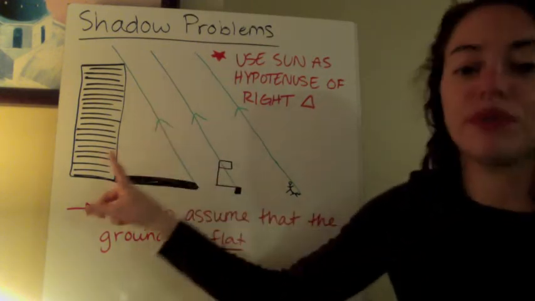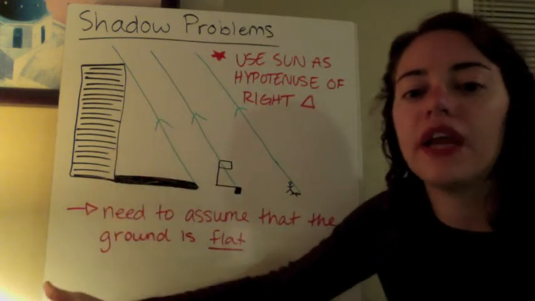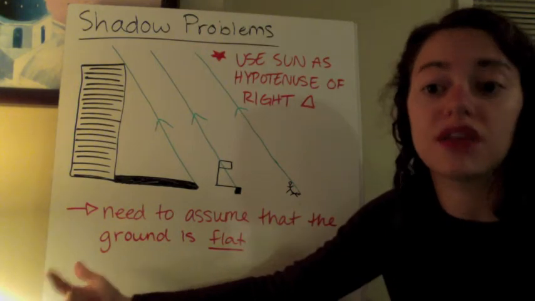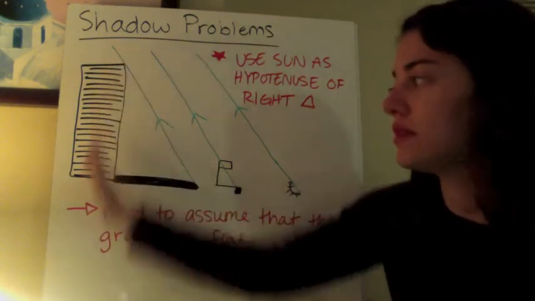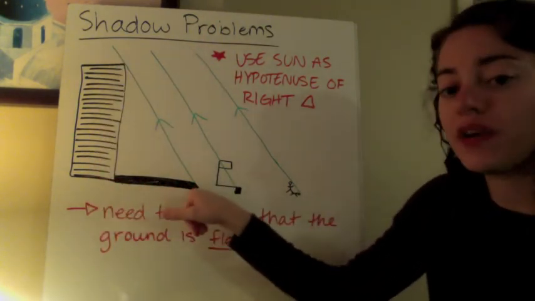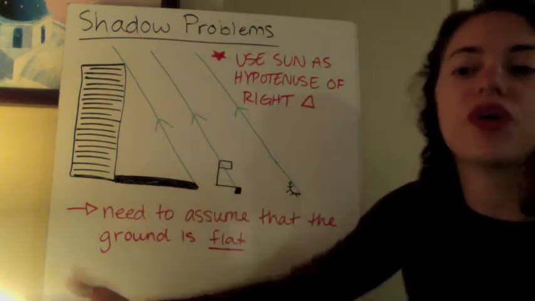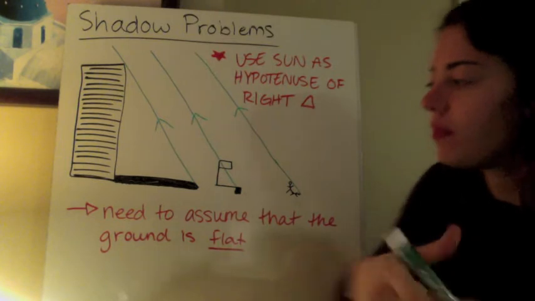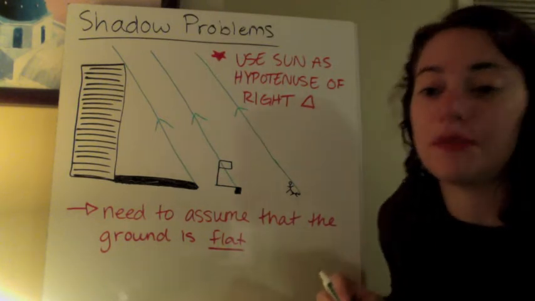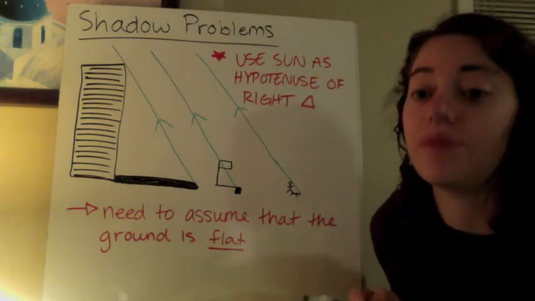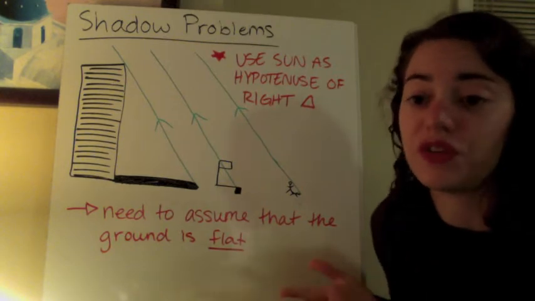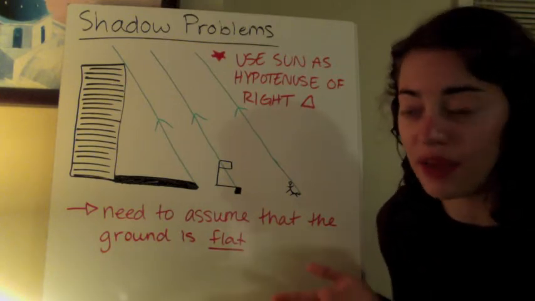If I look at just this building for a second, I've created a triangle from one object. I have the building, I have its shadow, and I have the sun ray. We need to make some assumptions when we do this. The first and biggest one, which we've already assumed, is that sun rays hit objects at the same angle.